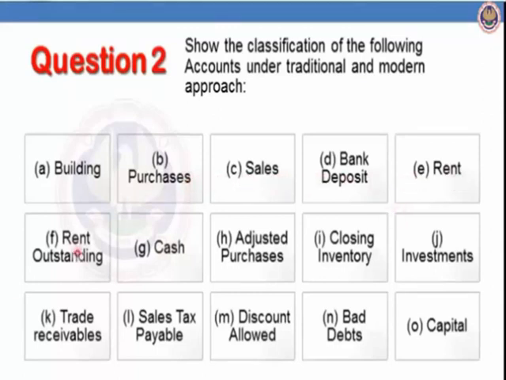D is bank deposit. E is rent. F is rent outstanding. G is cash. Then adjusted purchases. I is closing stock. J is investments. K is trade receivables. Then L is sales tax payable. M is discount allowed. N is bad debt. And O is capital.